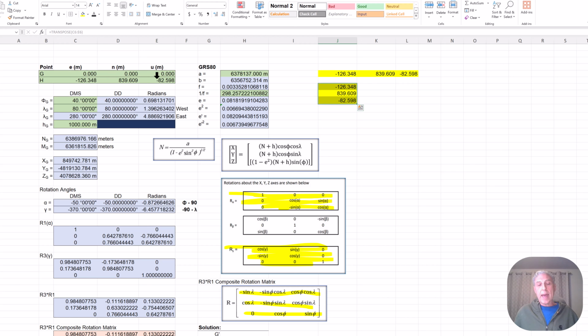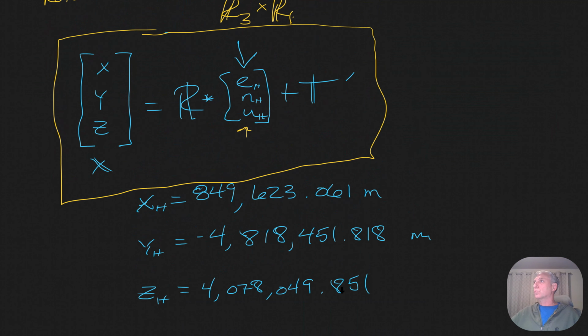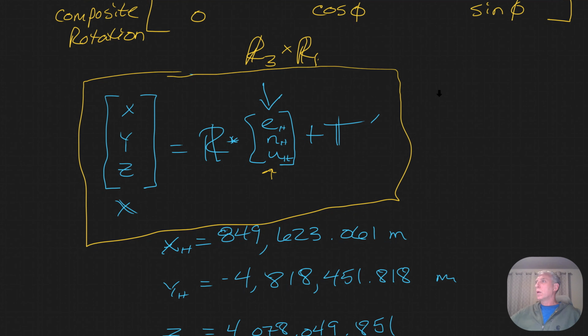And that leads me to my last point, which is when you are working with these matrices, and I do this every time I have a series of matrix operations, you really want to go back to here. Look at the dimensions. So my dimensions are, this is a 3 by 1. I'll use a by symbol.